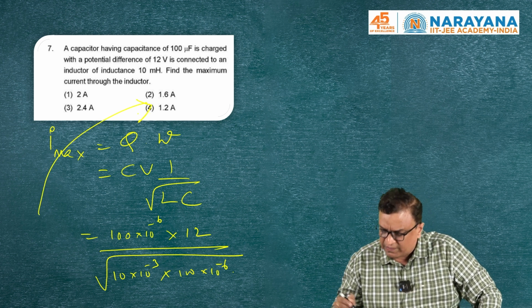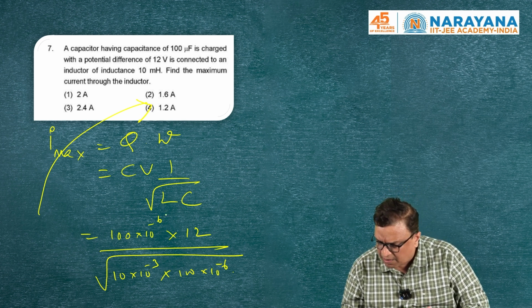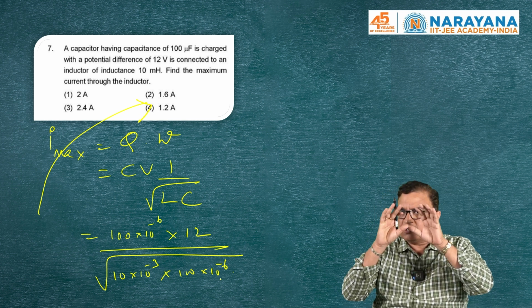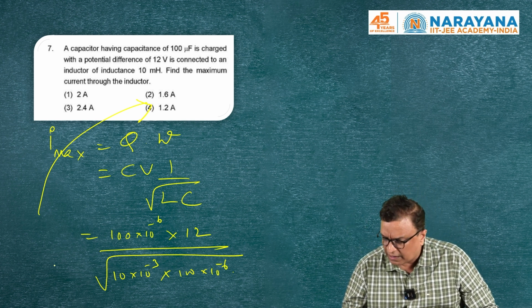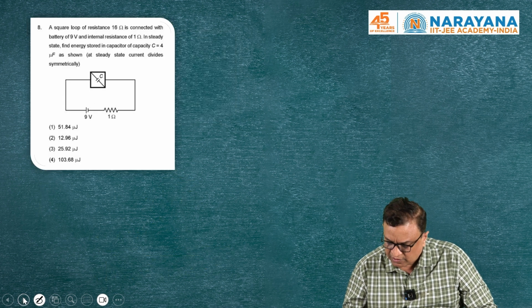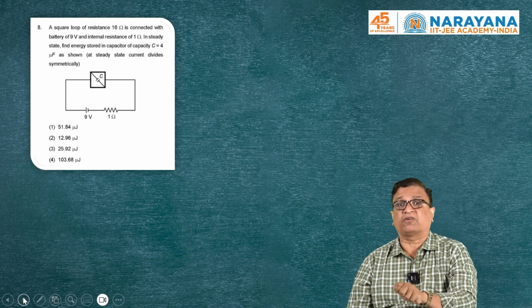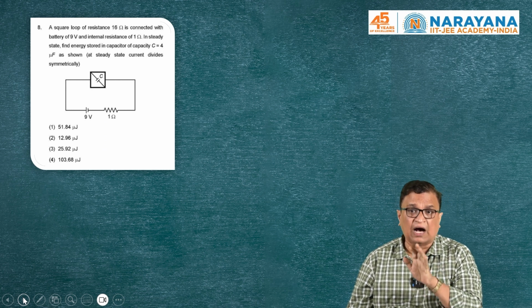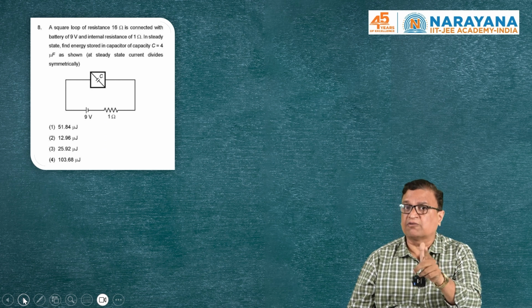You can even estimate also, more or less the numbers are all in multiples of 10 and only 12 on the numerator. So therefore 4 is the correct answer for this. Right. Remember, in every exam you have this particular LC almost. So be prepared for the next sessions. There is a possible question from LC.